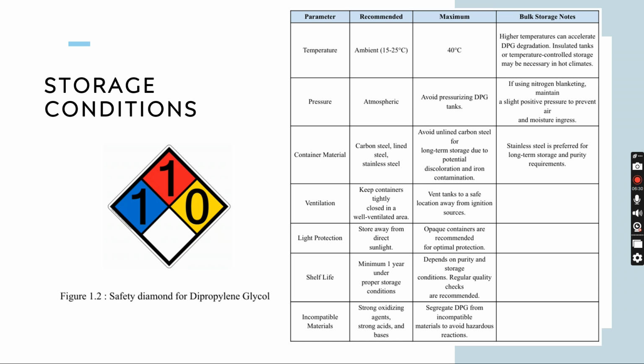So let me summarize quickly what we have discussed. This is the initial starting of our project. We have discussed the properties of DPG, the uses of DPG, the safety diamond of DPG, and we also discussed how to store DPG.